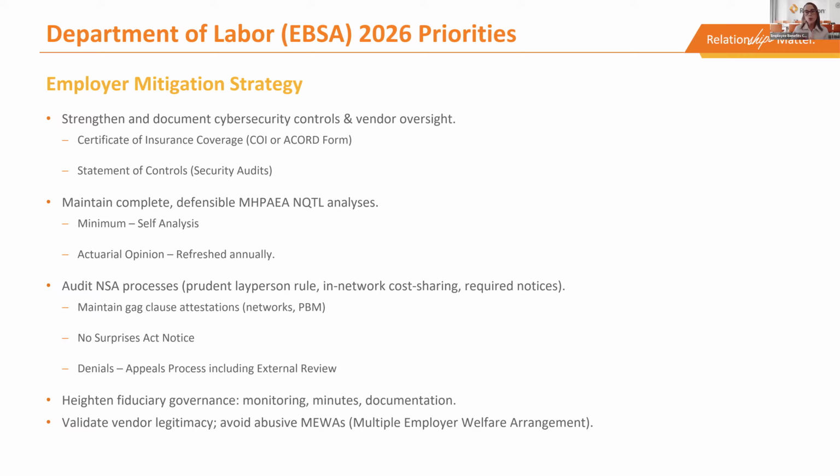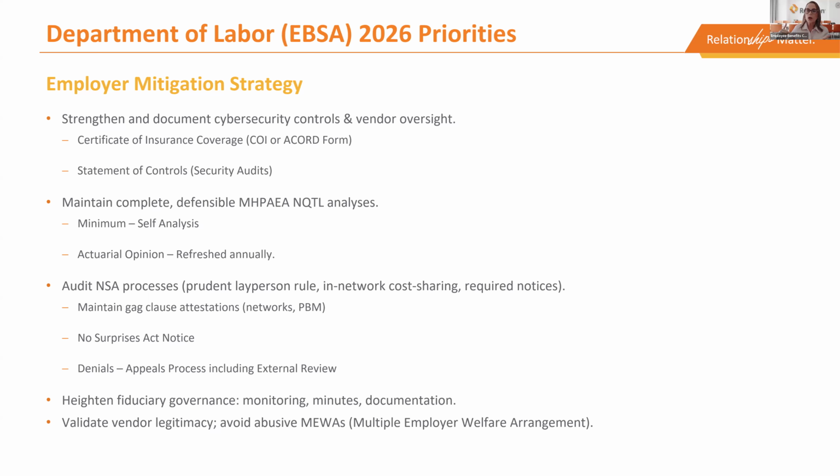So if you have a TPA or an insurance carrier, the best place is to go to them and say, hey, can you perform this testing on my behalf, or do you have a preferred actuary? That's the best way to do it. And then once you get the initial report done, you just do a refresher for your changes in benefit and looking at your actual outcomes, your paid claims data, to see: is there more out of network benefits provided?